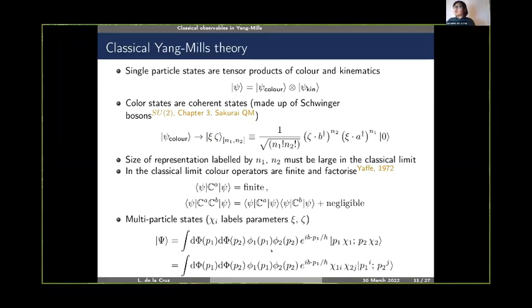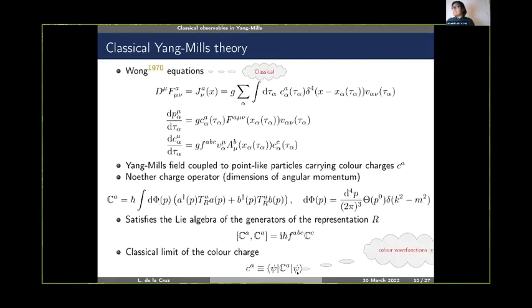Each particle carries its own wave function, and carries additional wave functions that take care of this classical limit of color. Of course, they are constructed this way so that these two properties are satisfied. But importantly, when one takes the classical limit, one also has to keep in mind that the color charges I'm using satisfy this Lie algebra modified by some factor of h bar.